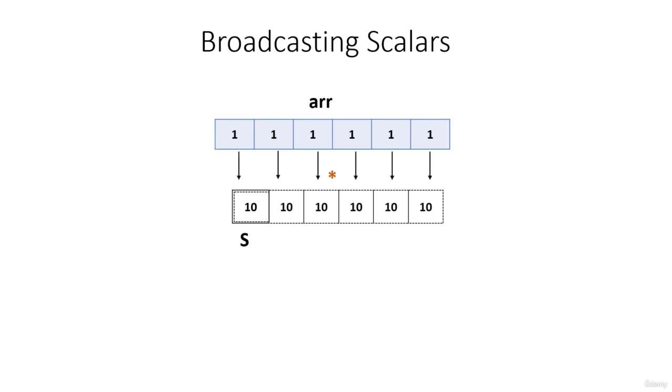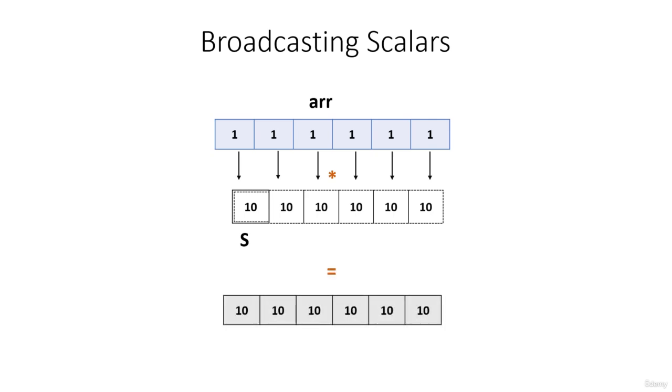NumPy has broadcast the smaller array, which in this case is the scalar, to match the dimensions of the larger array to perform this arithmetic operation. All right, and here is the result.